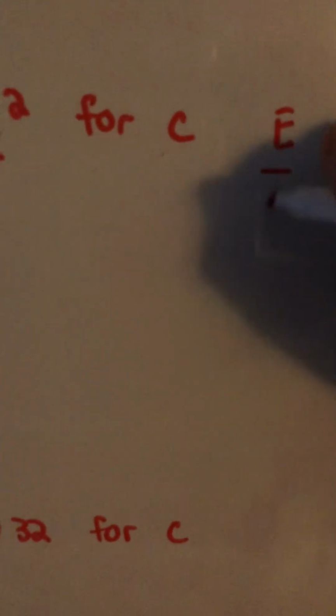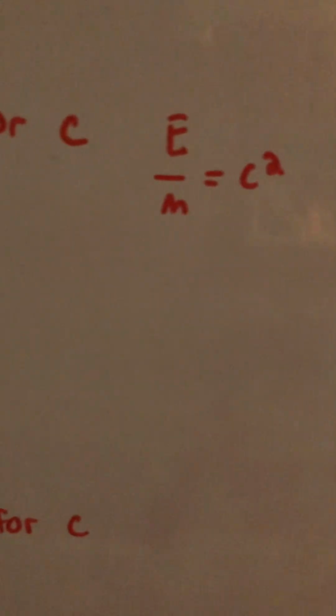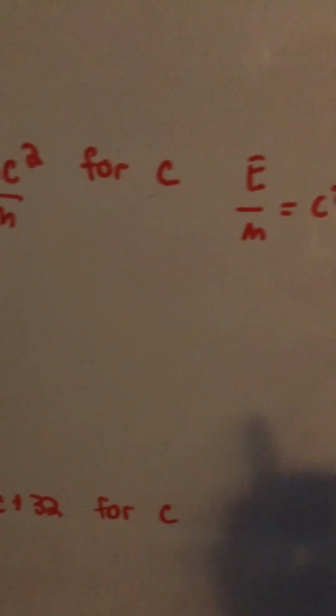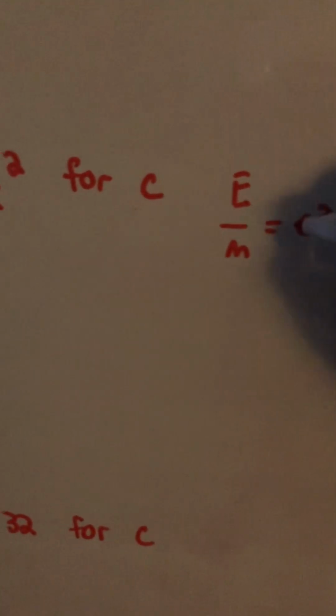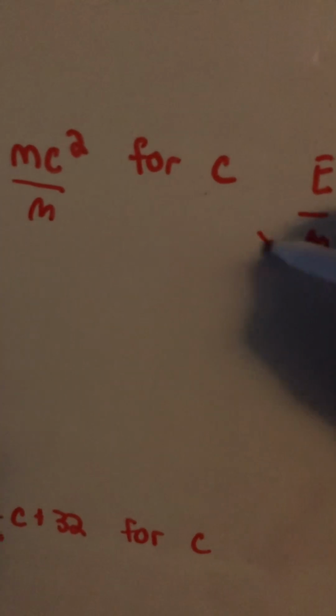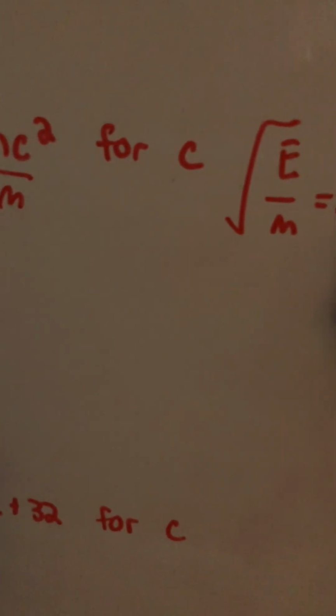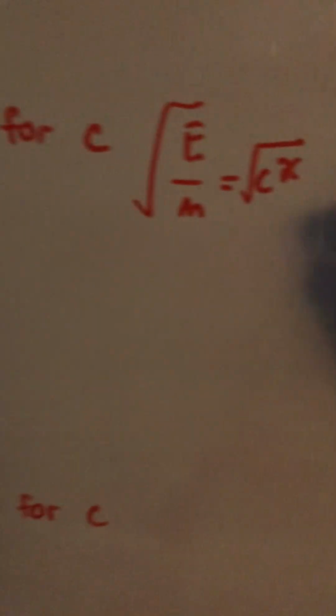So E over m is equal to c squared. Notice it's c squared, not just c. Like I showed you in one example, I'm going to take the square root of each side to get rid of the c squared. The answer is plus or minus the square root of E over m is equal to c. And that's how you solve for c in this equation.